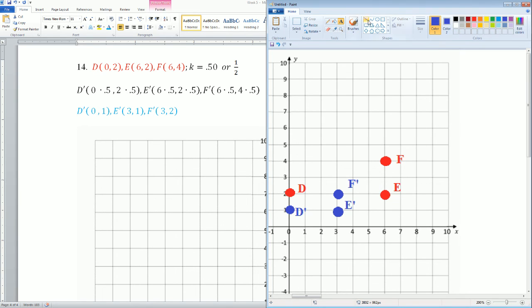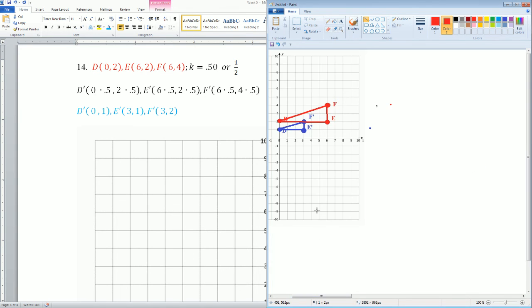Let's connect the blue points first. Straight line here, straight line there, straight line there. Then let's connect the red here, here, and there. Perfect.